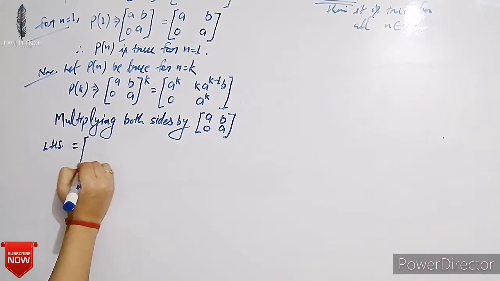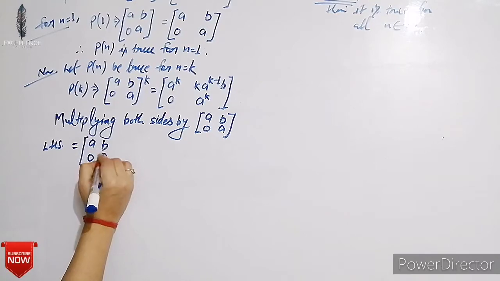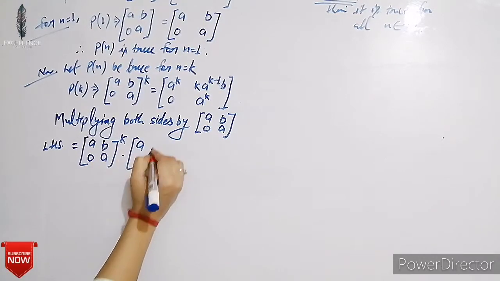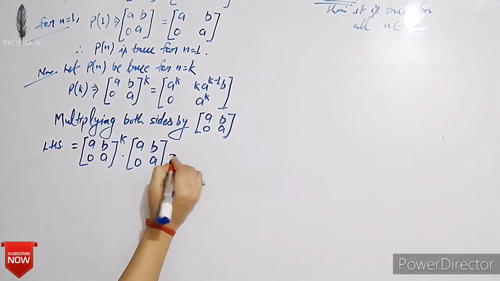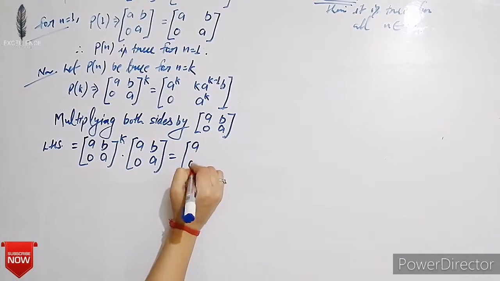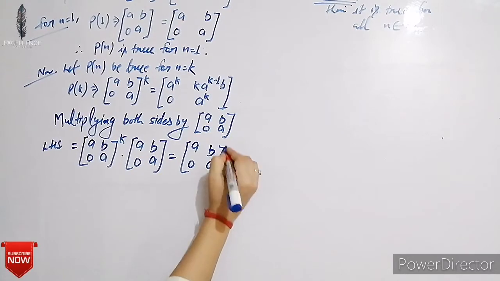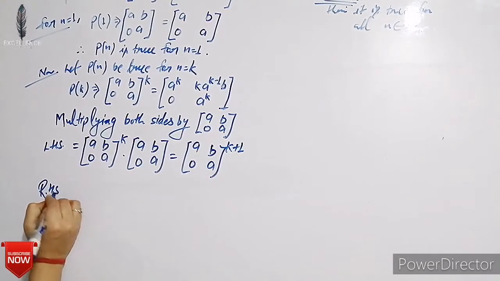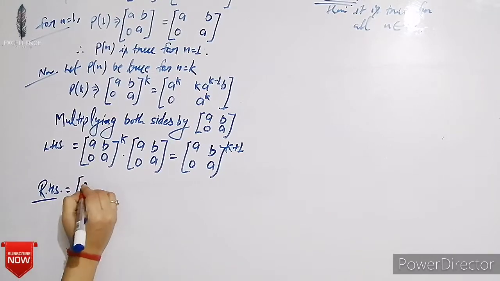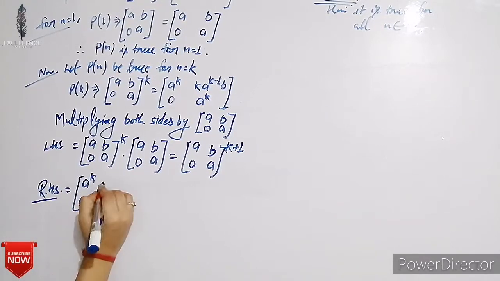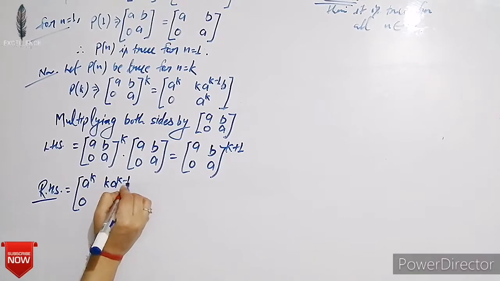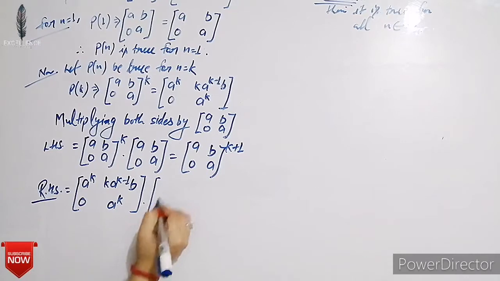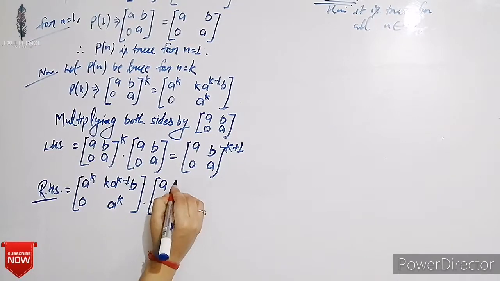So LHS becomes [a 0; b a] raised to power k into [a 0; b a], is equals to [a 0; b a] raised to power k plus 1. Okay. Now RHS becomes [a^k 0; k a^(k-1) b a^k], and a^k is multiplied by [a 0; b a].